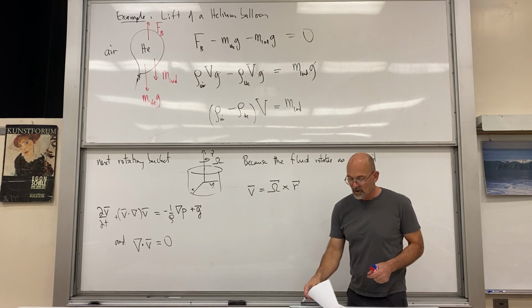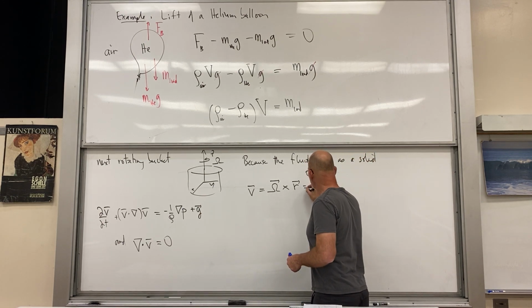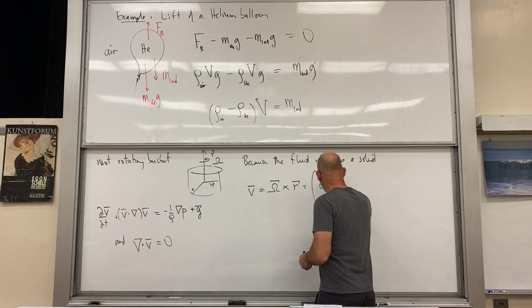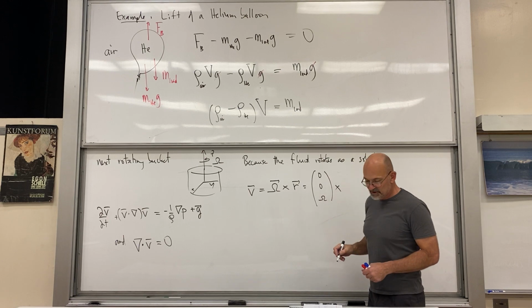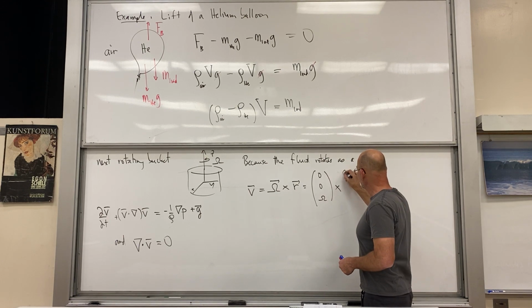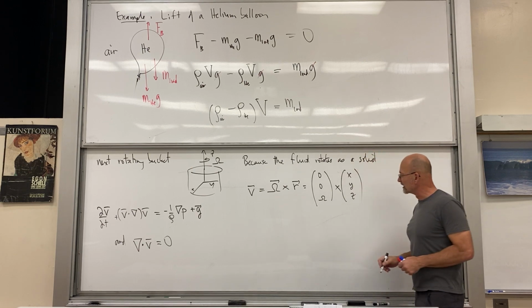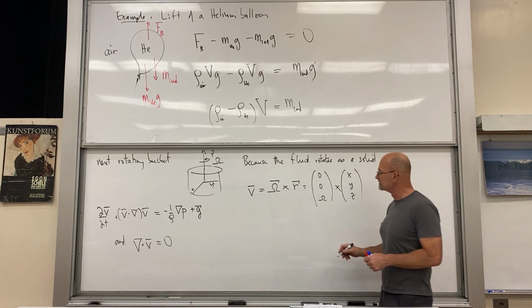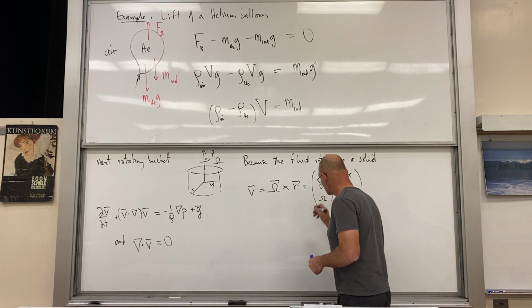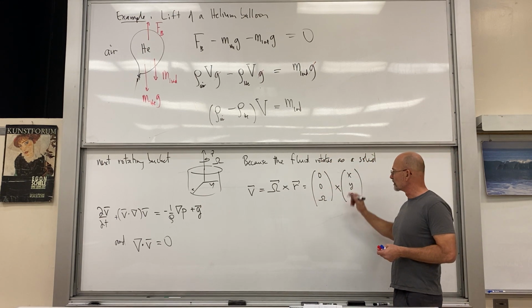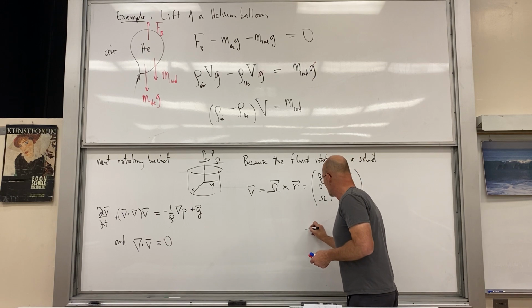So we've got omega cross R, and let's just write this out as 0, 0, omega crossed into x, y, z, which are the components of the vector R. And this is something we know from rigid body motion, so that's what we're using here.